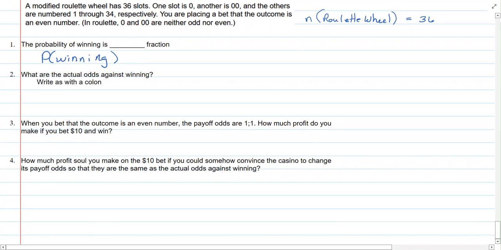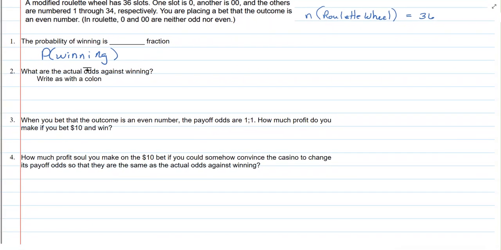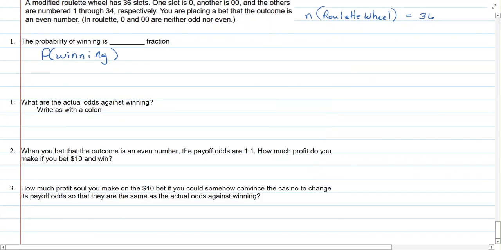Okay, so we want the probability of winning, and the probability of winning is going to be the cardinality of even numbers over the cardinality of our roulette wheel. Well, we need the cardinality of even numbers.